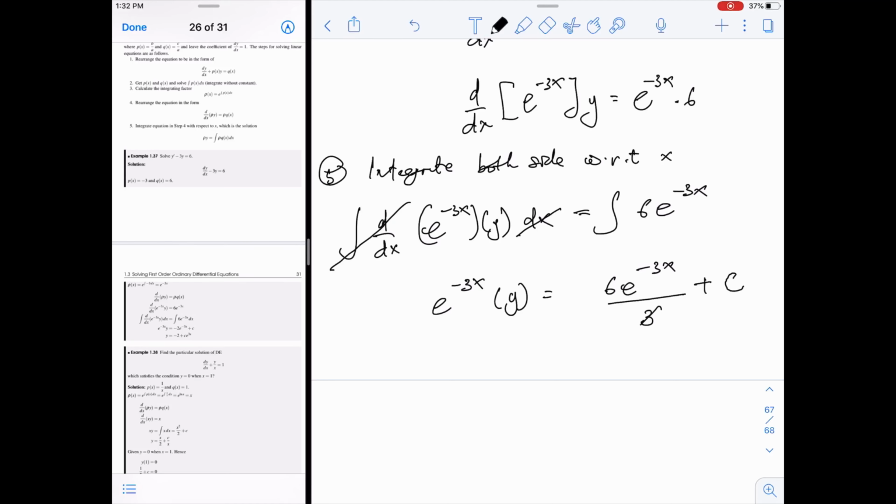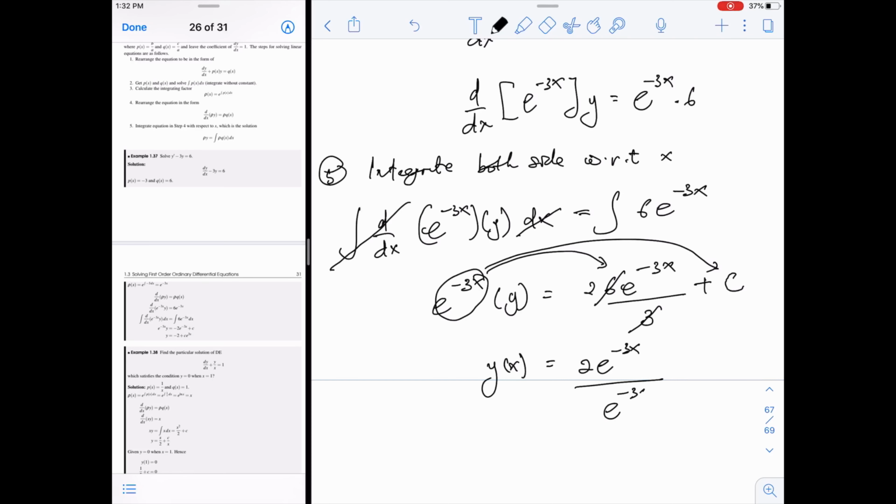You may simplify this one, and this one becomes -2, and for the left hand side you will remain with y, and then bring these terms to the right hand side. So what you will get is -2 e^(-3x) over e^(-3x) plus c e^(-3x) over e^(-3x).